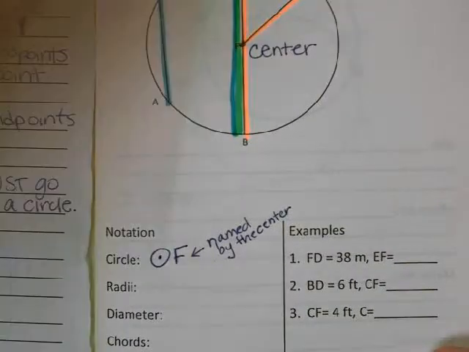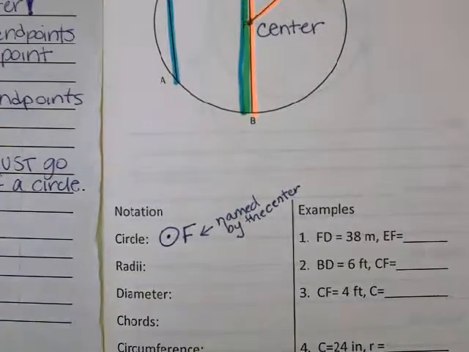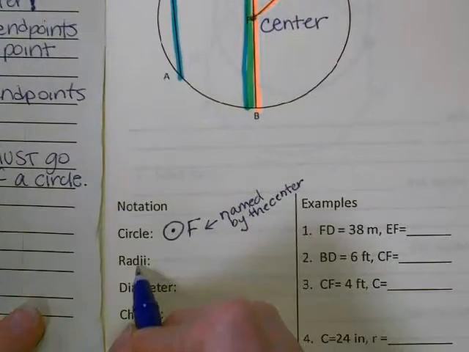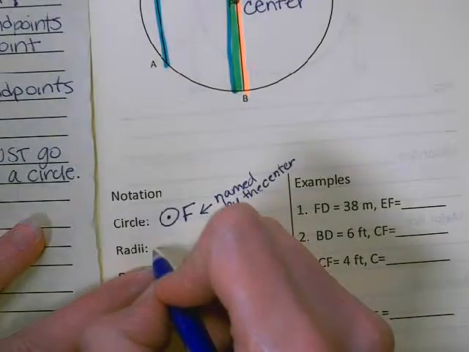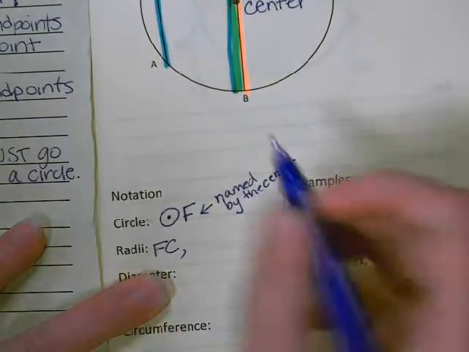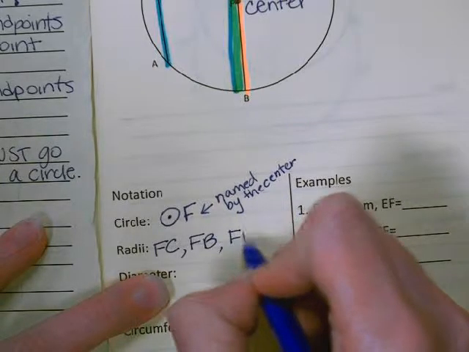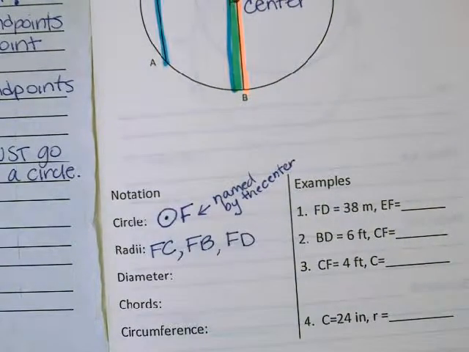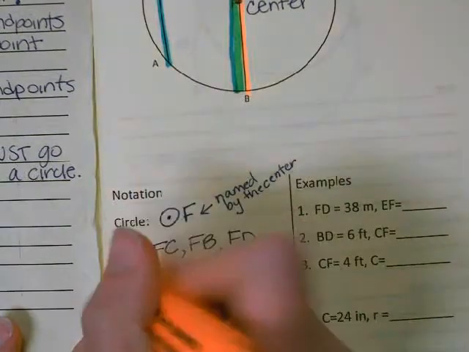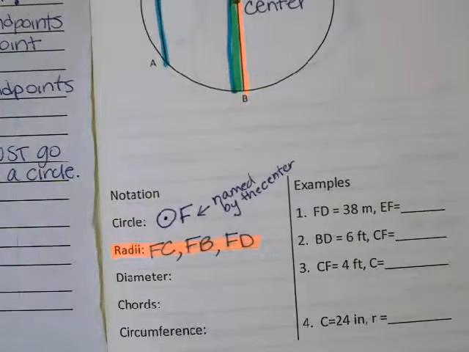It might be a little small. Okay, so what are the radii that we talked about? See plural radii. We've got FC, we've got FB, and we've got FD. Those are all radii. I'm going to make them orange just like we did in our picture.